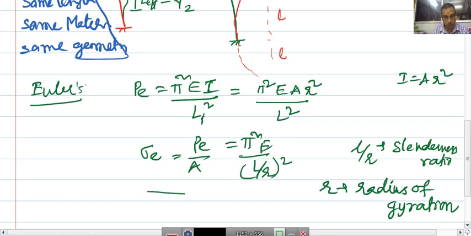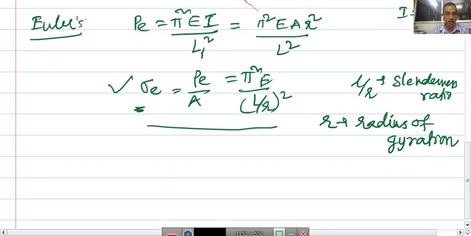So, this is a very important term. Sometimes for your column, the slenderness ratio will be given to you. So, if you have to find out the buckling capacity, the buckling strength is this, if slenderness ratio is given to you. Any dimension property related to radius of gyration or slenderness ratio, you have to use this formula.